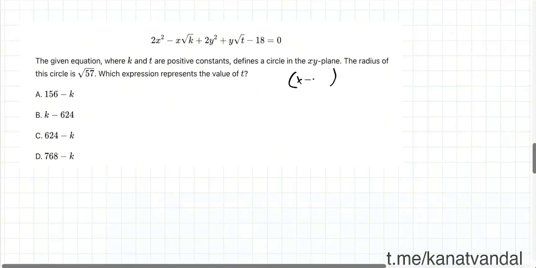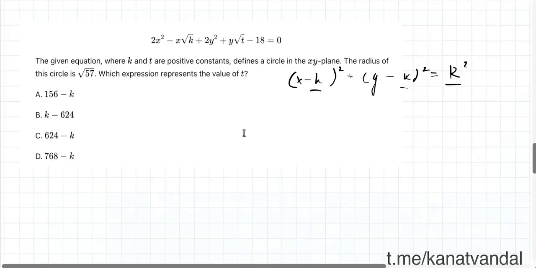x minus h squared plus y minus k squared is equal to r squared. This is an equation of a circle in a standard form, which also contains the information about the coordinates of the center of the circle and its radius.